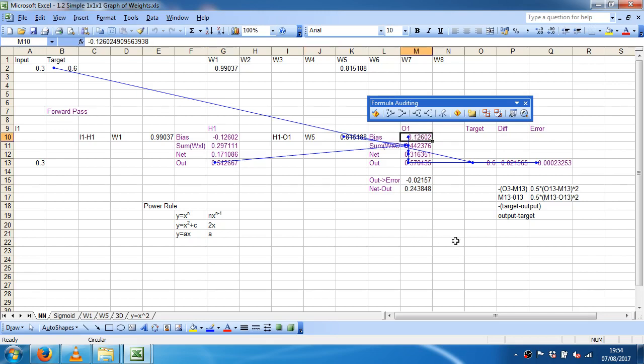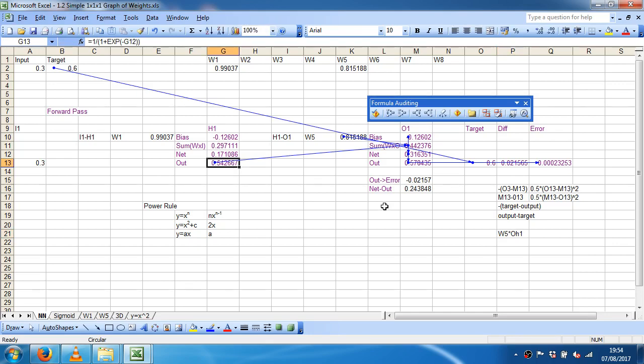So effectively all we've got here is weight 5 times output from hidden layer 1. So we do need to differentiate that now with respect to weight 5, which basically means that this bit just drops off. So we end up with the value of out.